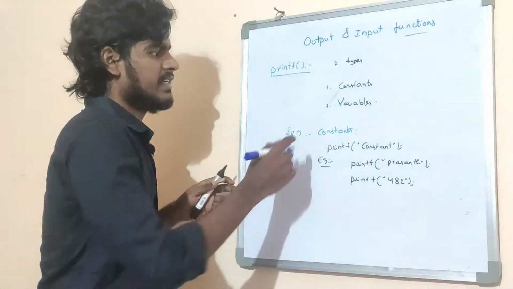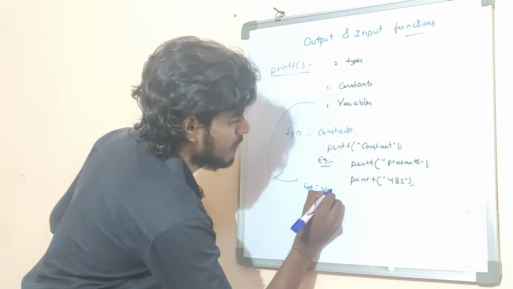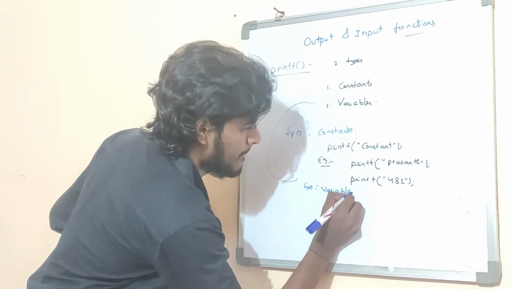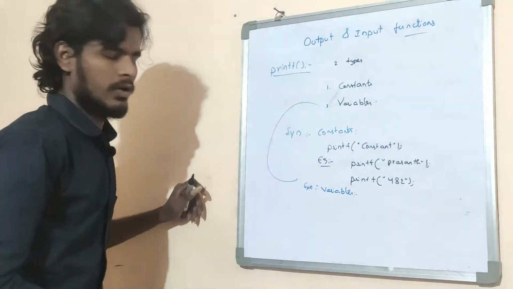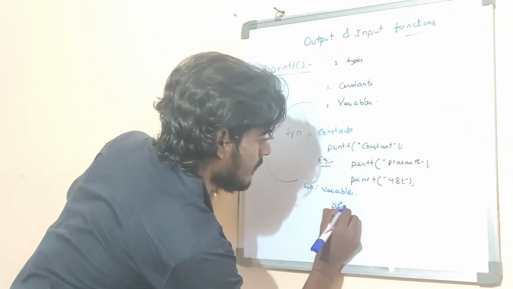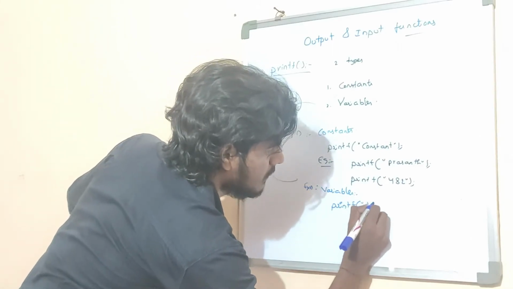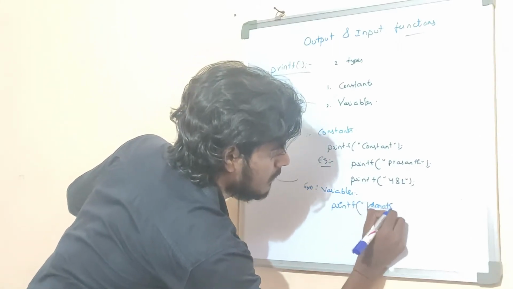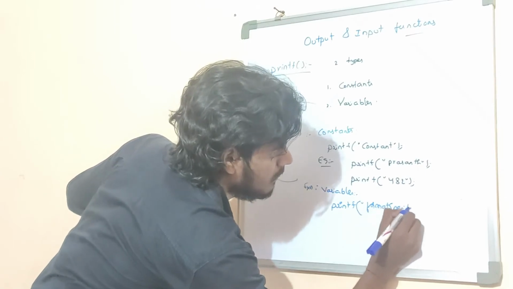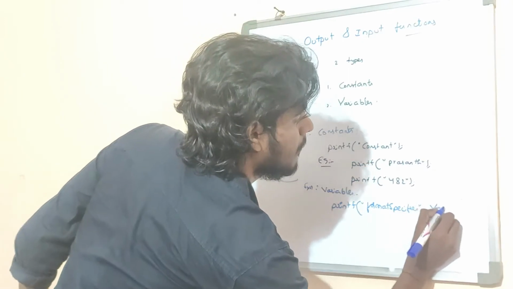Okay, what is the syntax for variables? Okay friends, look here, printf format specifier, comma, variable name.